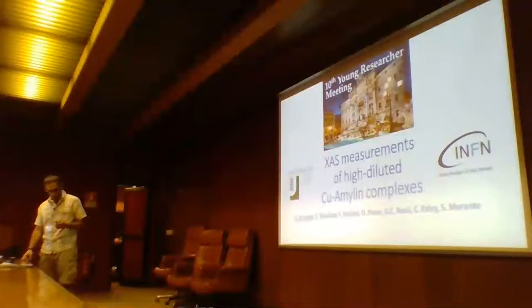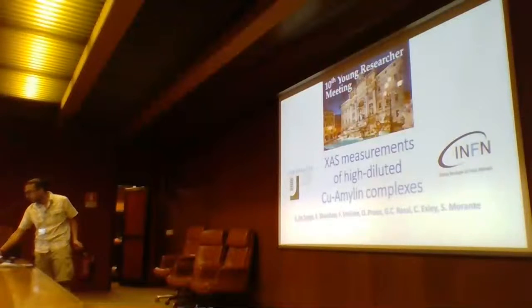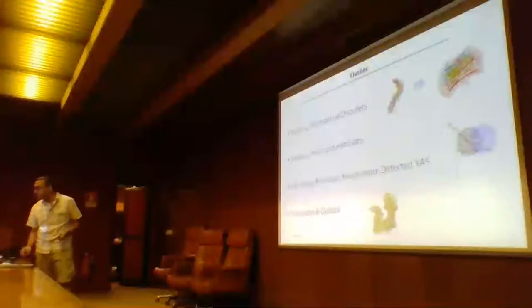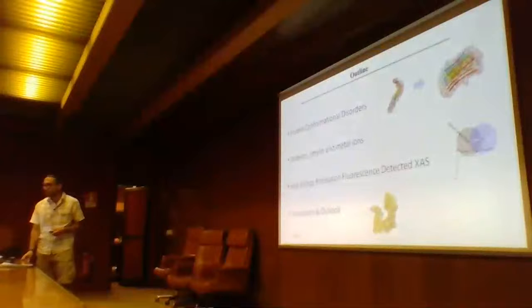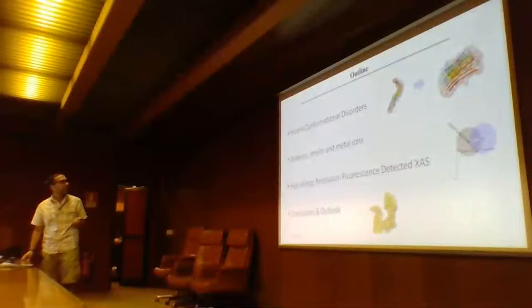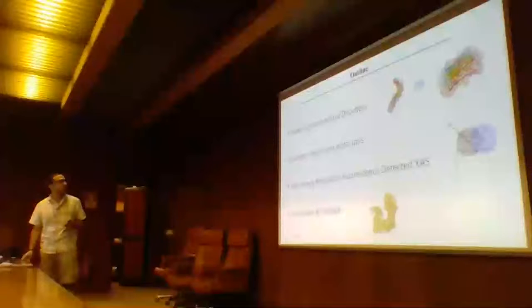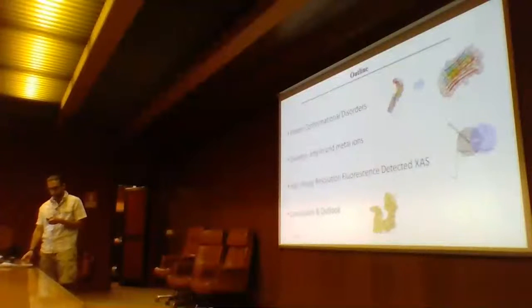Today I'm going to show you some results on X-ray absorption measurements on highly diluted copper-amylin complexes. So the outline of the presentation is the following. I will start very briefly with the introduction, introducing you the biophysical problem of protein conformational disorders that has already been explained by Aishwarya in the previous talk.